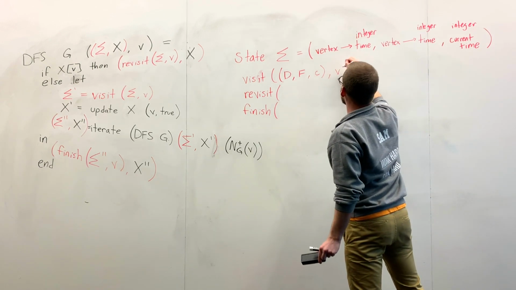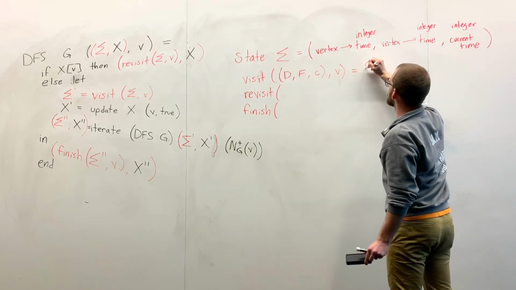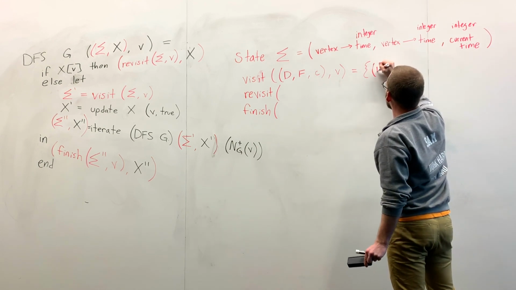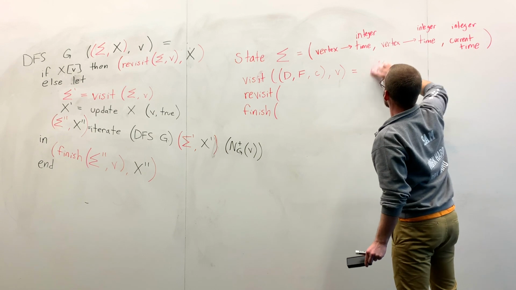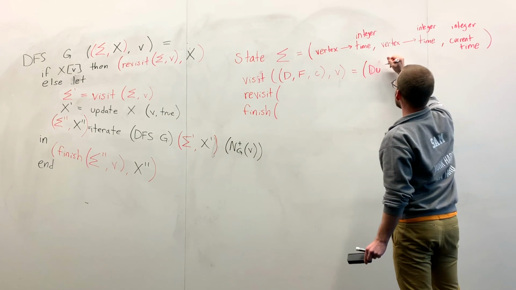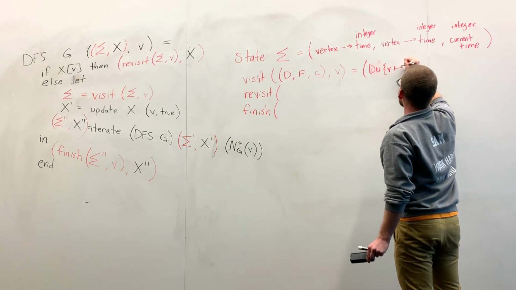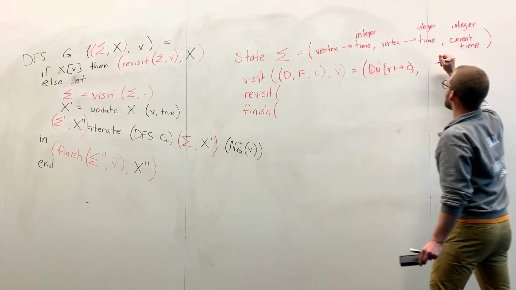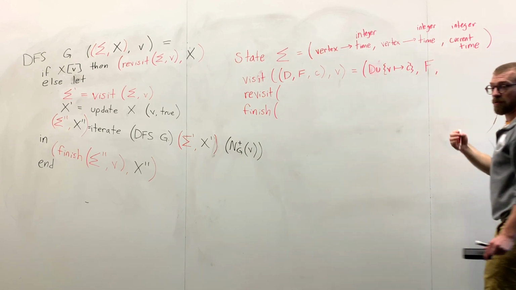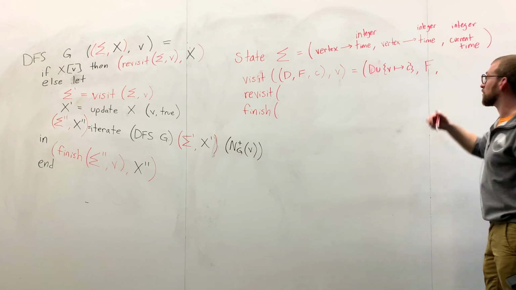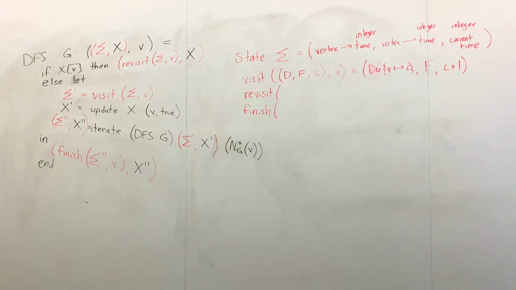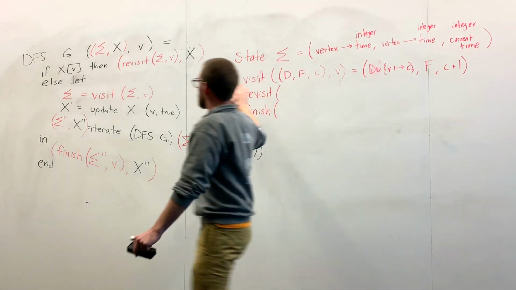And when we want to visit a vertex, what we do is we update the discover time by mapping v to the current time. We don't have to update any finish times. And now we want to increment the current time because we visited one thing. So where does this get called in the code?